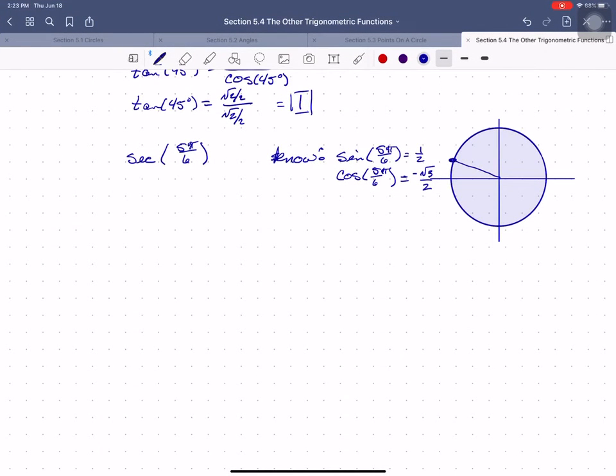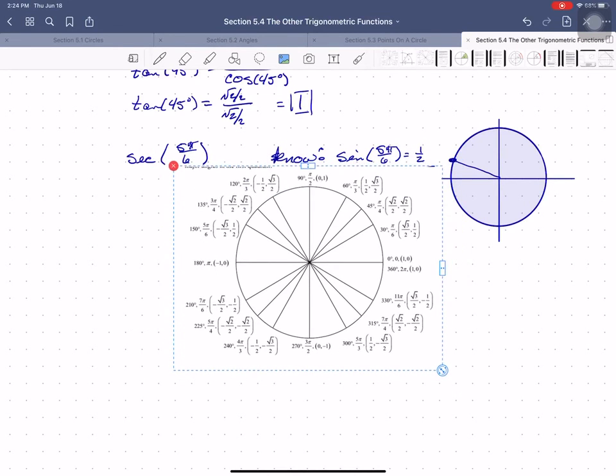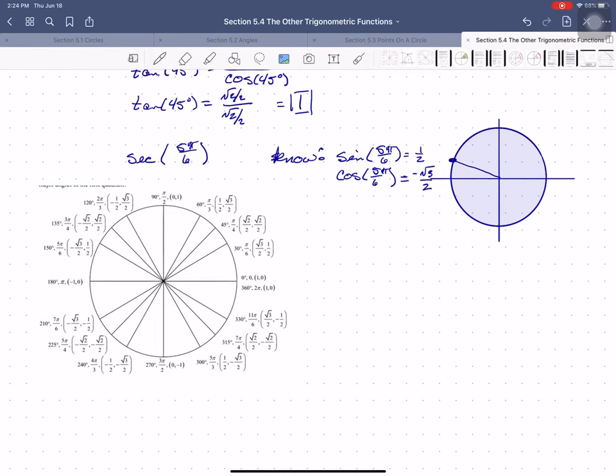So let's just check my memory here. All right, so let's look. Sure enough, 5 pi over 6 is where I said it was. The x-coordinate of that point is negative root 3 over 2, and the x-coordinate is related to the cosine of the angle, so that's correct. And the y-coordinate on the unit circle is the sine, so perfect.